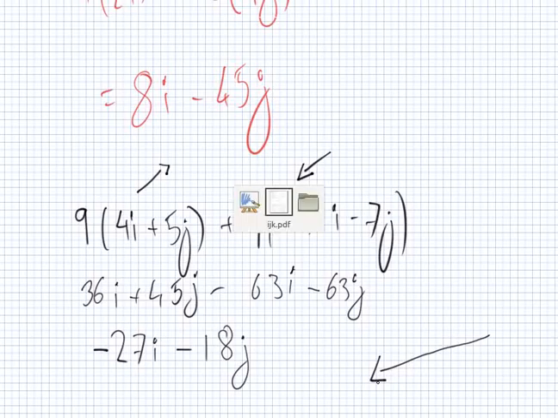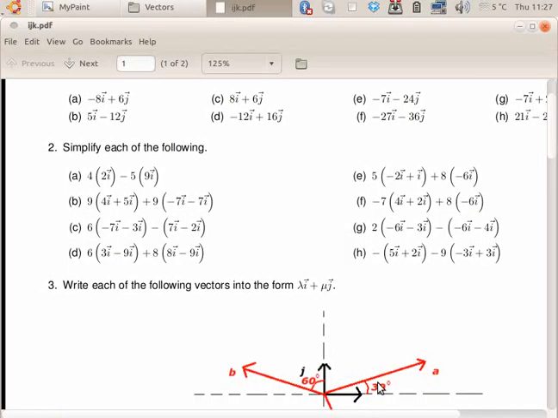Okay, so I'll just give you one to try. So we'll just try 2c and then we'll move on to the next one. So 2c.